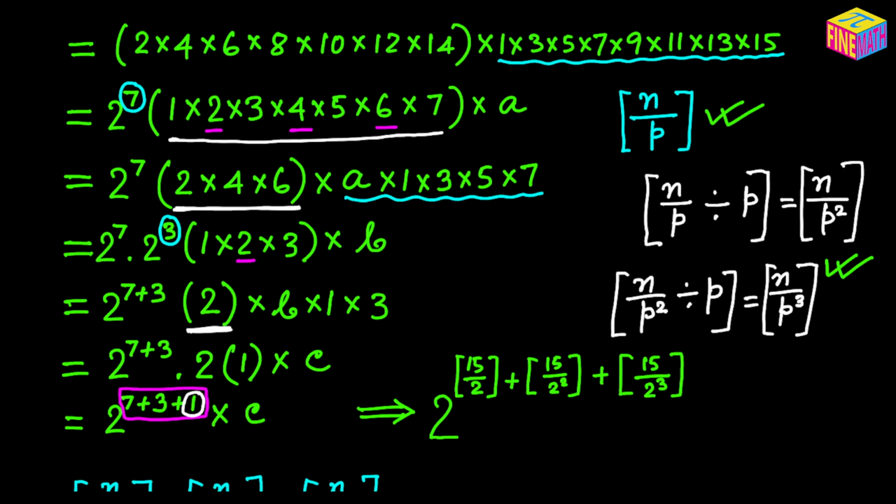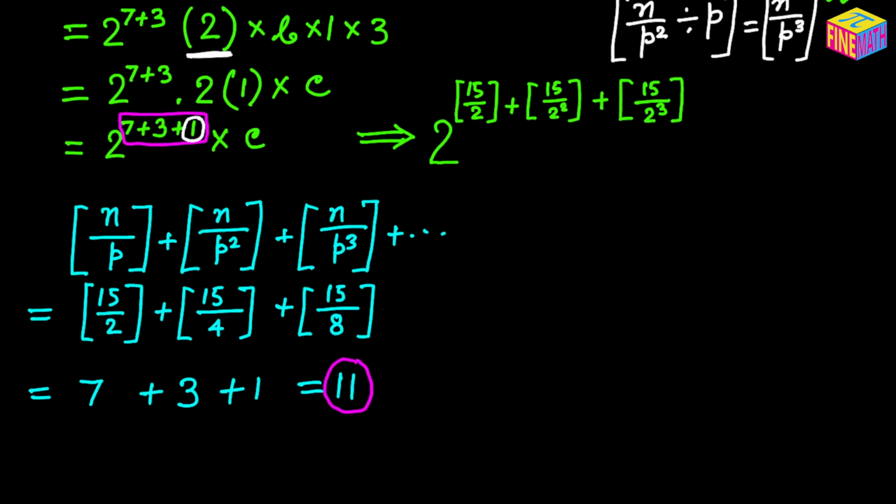Now if we replace all of this with n and p, this particular value right here, let me show you with a pink box, is the power of our prime number in factorial 15. This is the item that we are interested in.